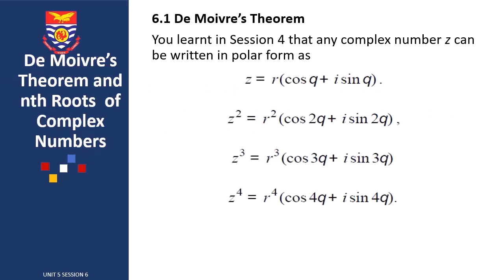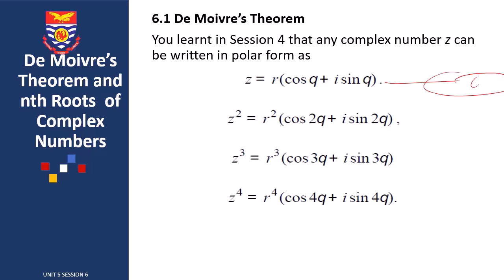You learned in session 4 that any complex number z can be written in the polar form, and let me name it equation 1. That's what we learned already: any complex number can be written in this form. Don't forget about your Euler's formula approach.